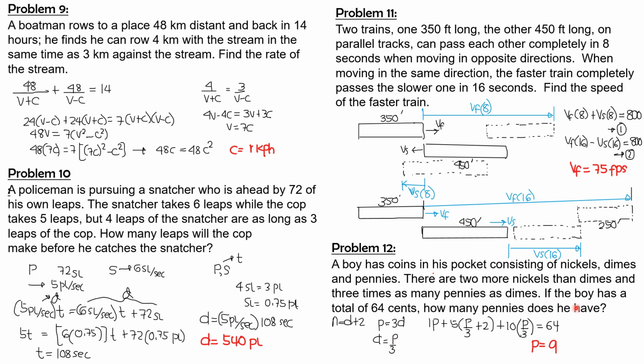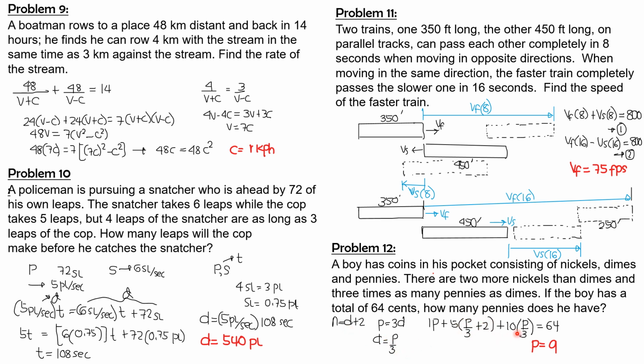Then the amount: 1 cent times the number of pennies, plus 5 cents times the number of nickels. The number of nickels is D plus 2, where D is P over 3, plus 2.